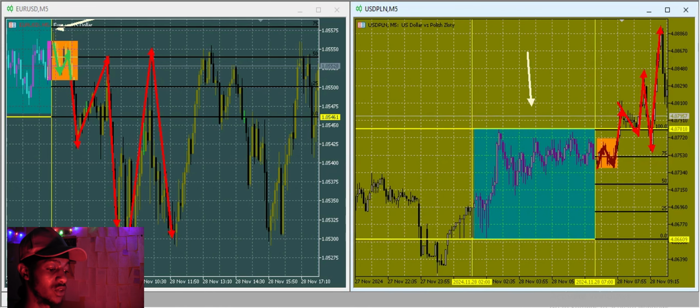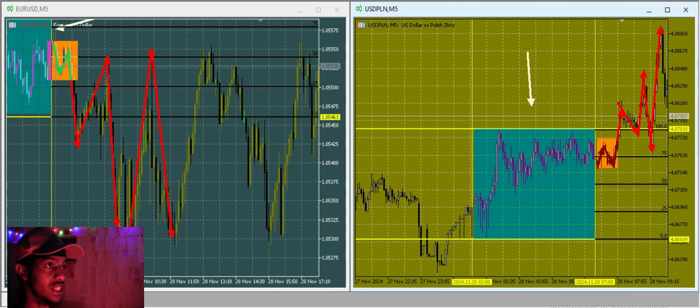So I'll be looking for a negative relation of anything above negative 95% for me, if it has to do with negative correlations. And if it's going to be a positive correlation, I would want anything above 90%, to be honest, because that would be your GBP USD, for example.